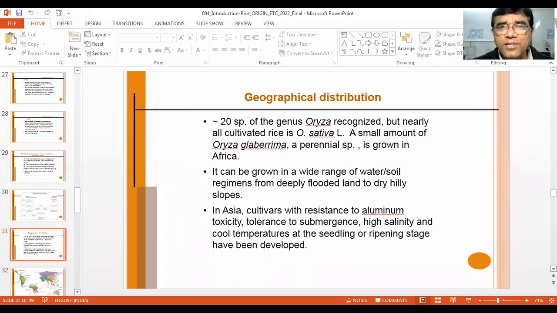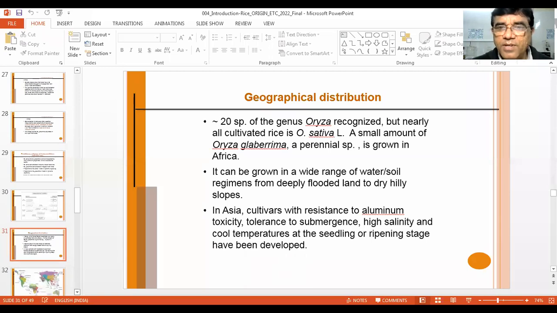Now, geographical distribution. Out of more than 20 species, exactly 24 in the genus Oryza are recognized, but nearly all cultivated rice is sativa and glaberrima. It can be grown in a wide range of water and soil regimes, from deeply flooded land to dry hilly slopes.